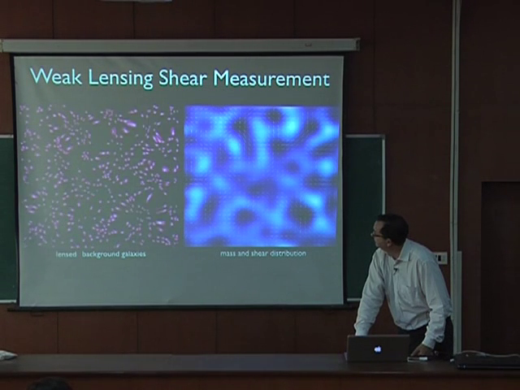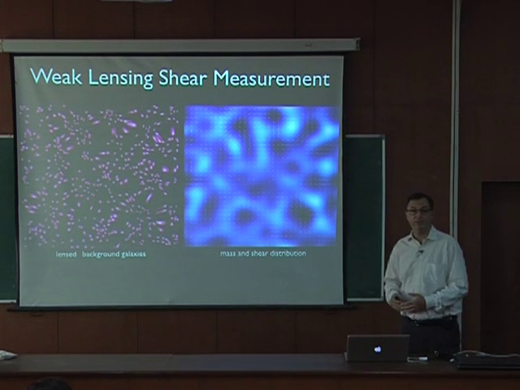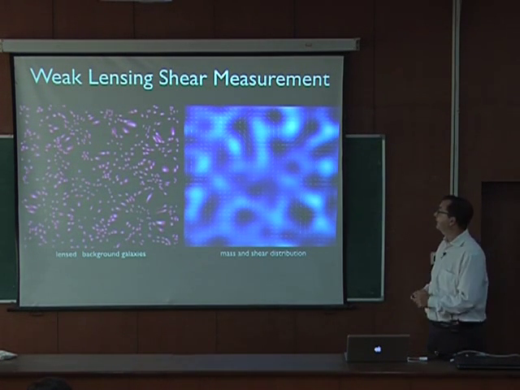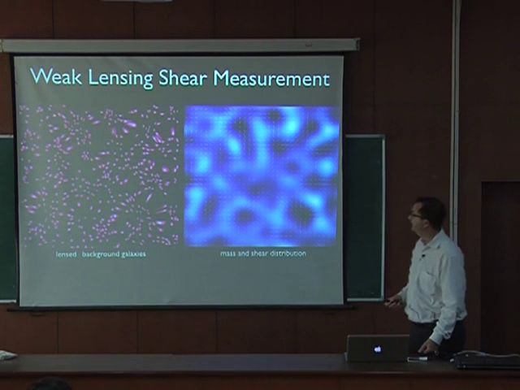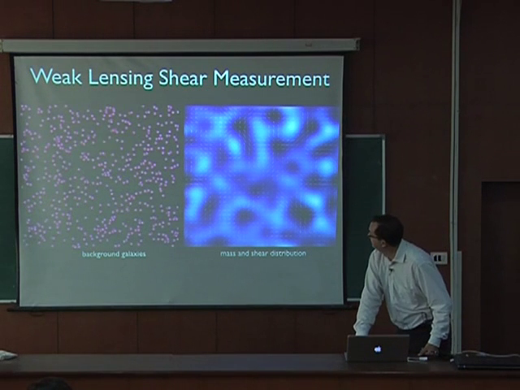Okay, I'm switching between the two, so they would be distorted. Here the effect has been enhanced by an enormous factor, so we can see it by eye. In practice, it's a very small effect. It has to be measured carefully statistically, as I'll explain a little bit later. But the idea is still illustrated by this.